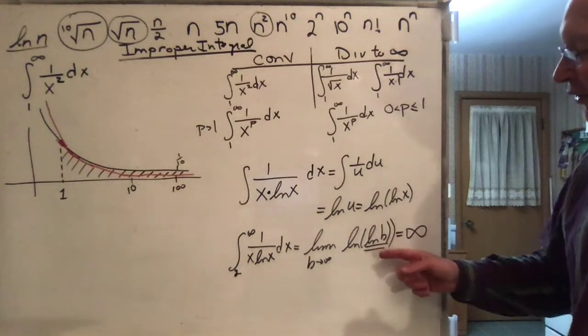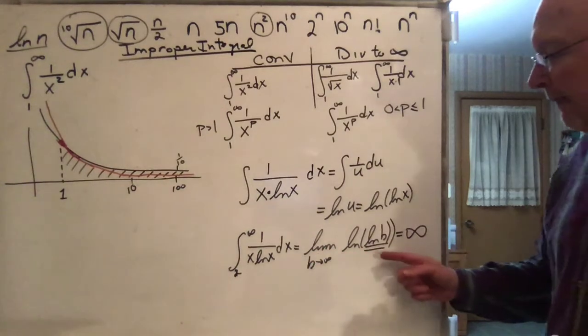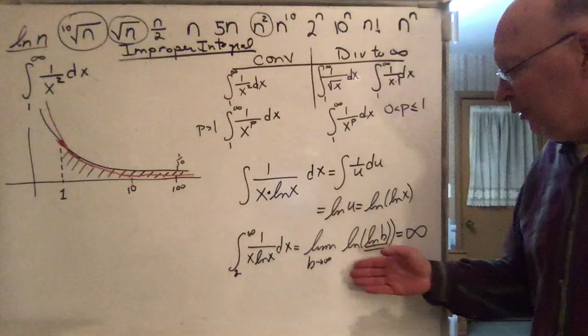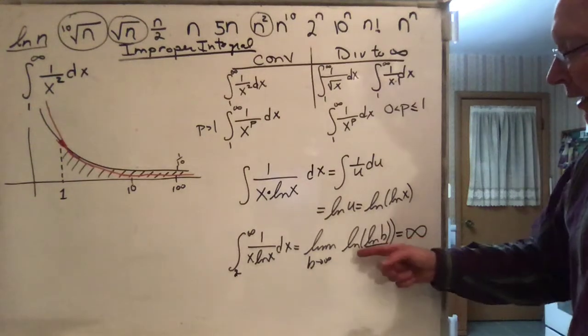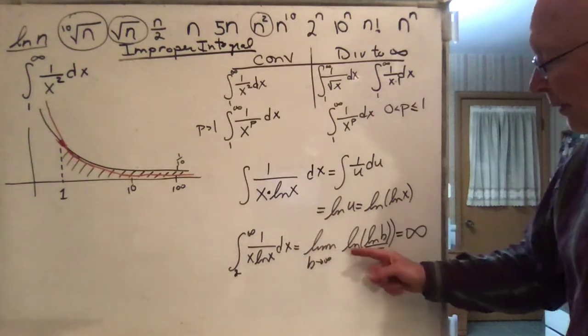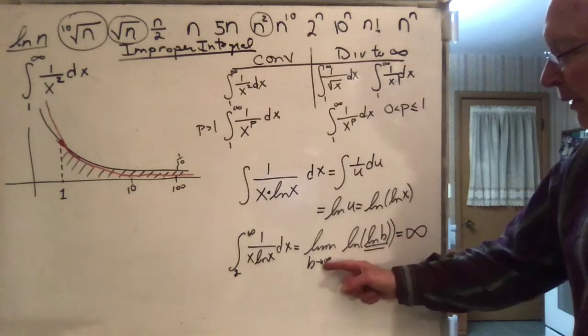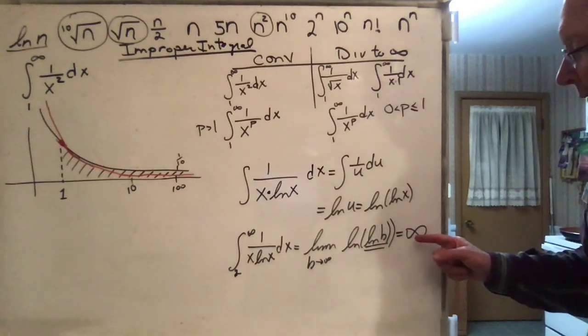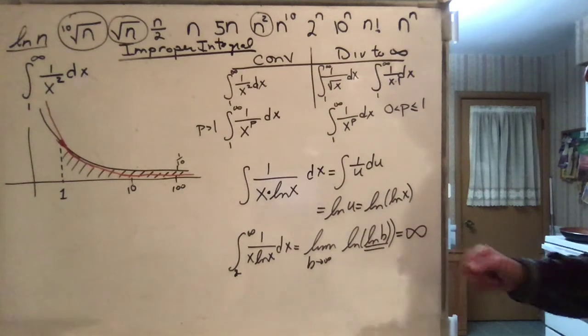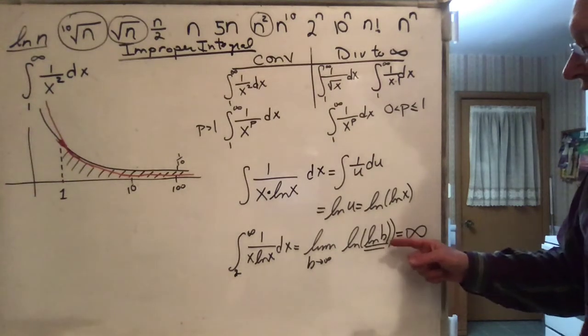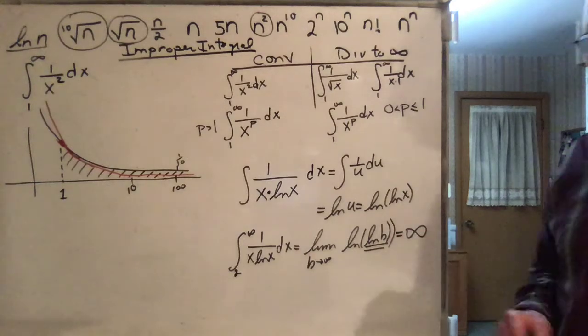So again, this is fascinating, this is so much fun to think about. If you take the ln of b as b goes to infinity, that's going to go off to infinity. It's going to diverge to infinity, but it does it super slowly.